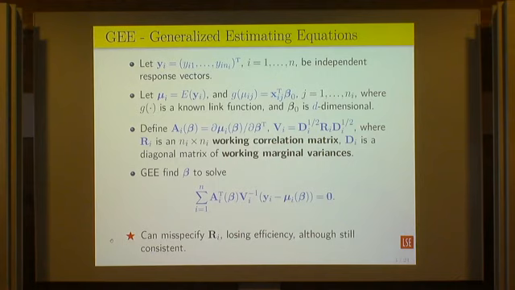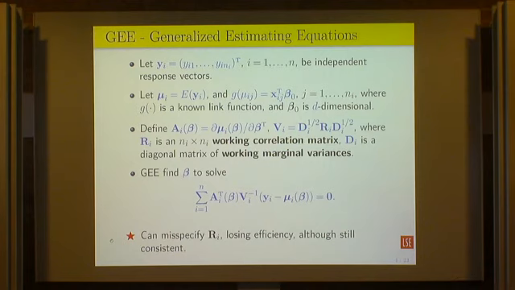We take that as an estimator, and this estimator enjoys a lot of good properties. Actually, later on we will see this when we introduce nonlinear shrinkage. The properties involve asymptotic normality, and even if the correlation matrix is misspecified, this beta is still consistent to the true value beta naught. So this is one big advantage of the generalized estimating equation.